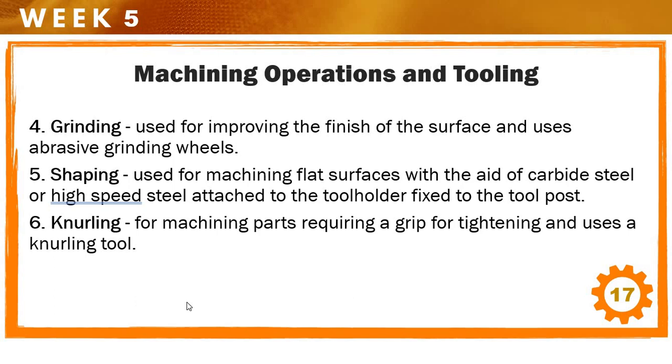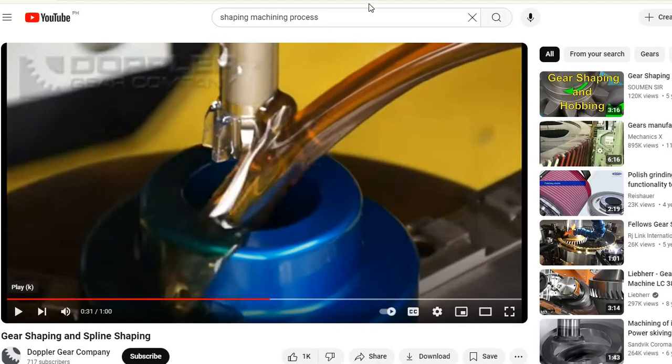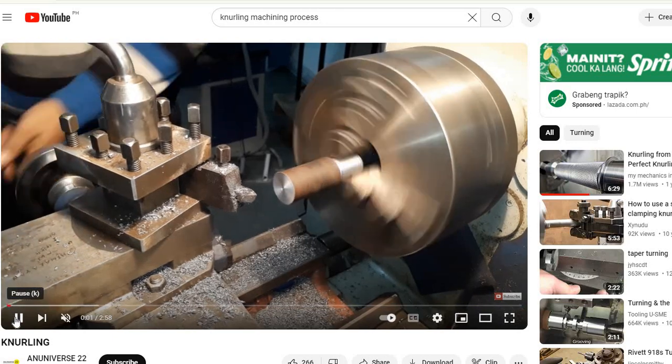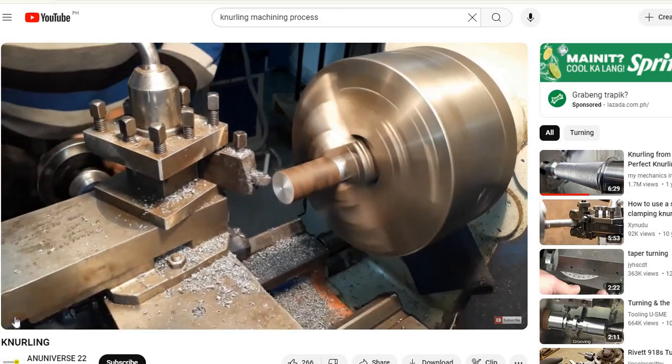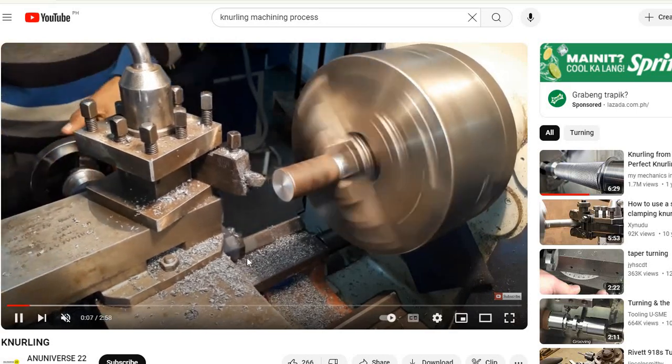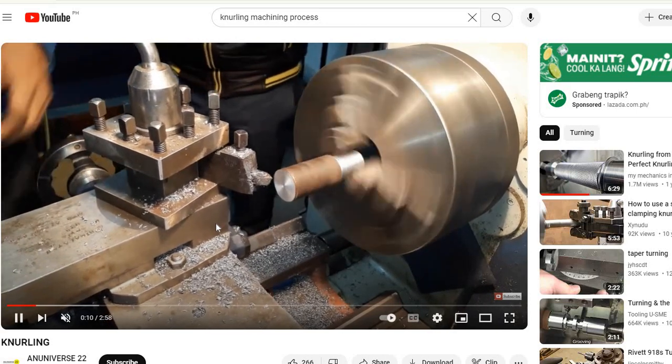So next we have the knurling process. Let's watch the knurling process. So what is a knurling process? It is usually done in a lathe machine. So this is a lathe machine.